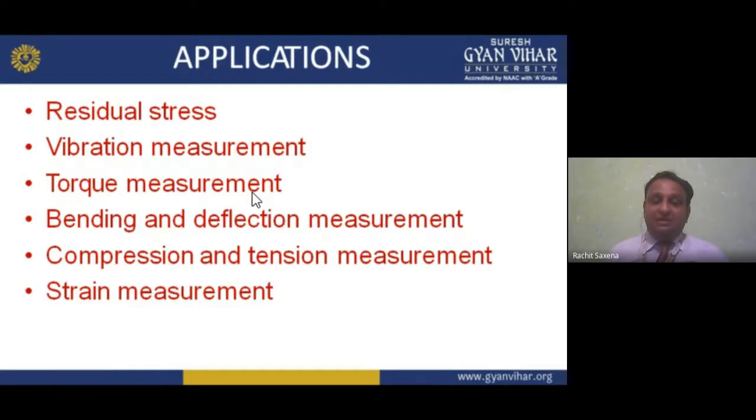Vibration measurement: if I want to measure some vibration in a system, I can use this strain gauge transducer. If I want to measure torque, we can measure it for the motor and generator also, because torque is there and speed is there. I can easily measure the speed, and the torque I can also measure.